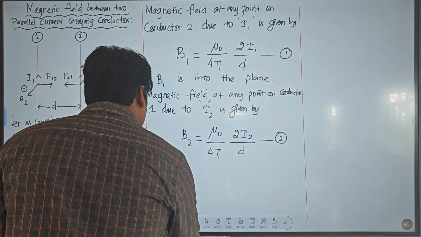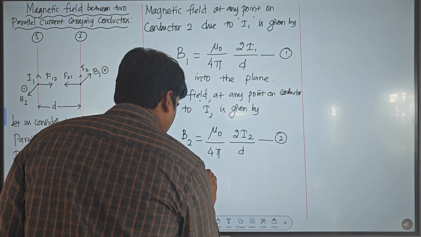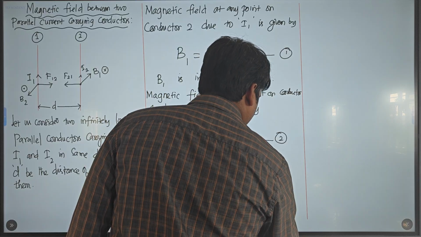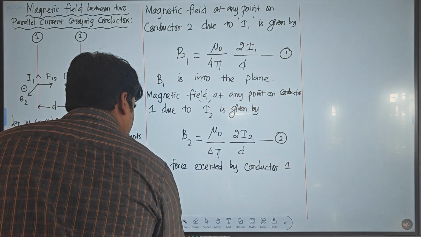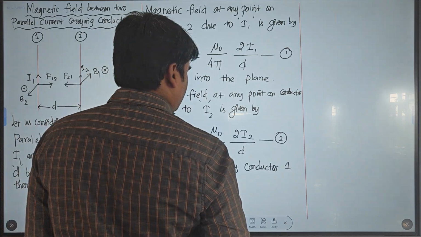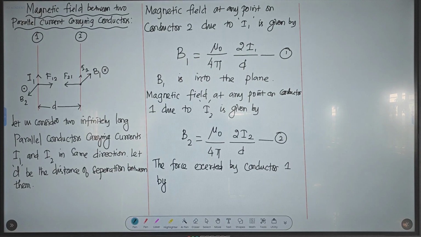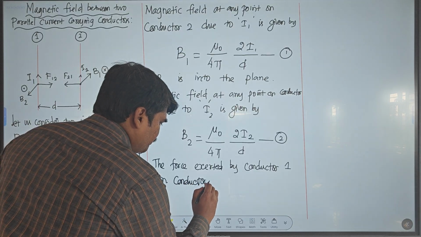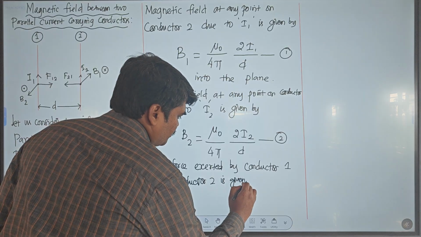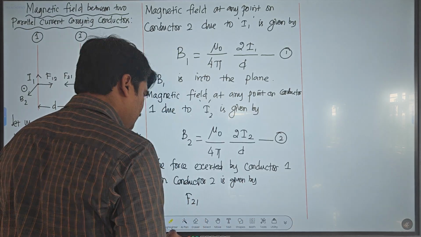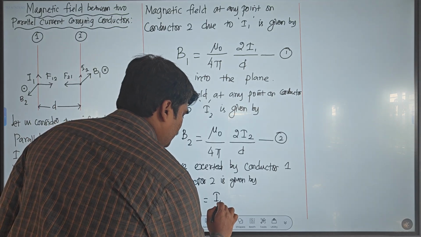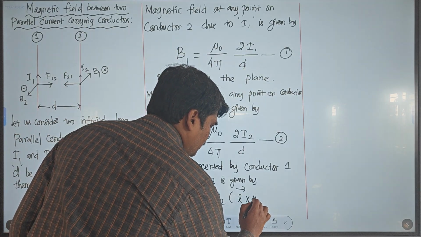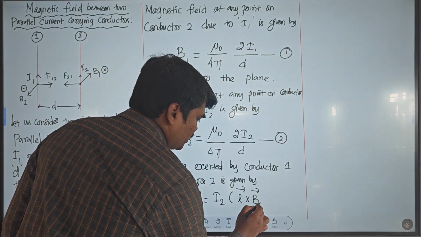So let us say the force exerted by conductor 1 on conductor 2 is given by, we denote it by F21, so that will be equal to the current passing through that conductor itself, which is conductor 2, and the cross product of the length and the magnetic field due to conductor 1 on conductor 2, so that is B1.